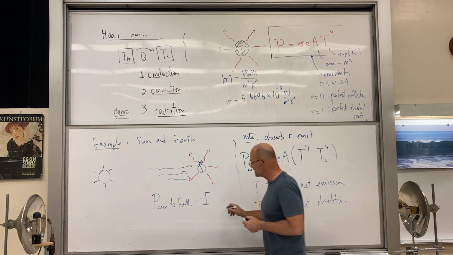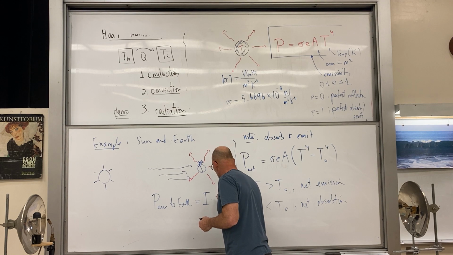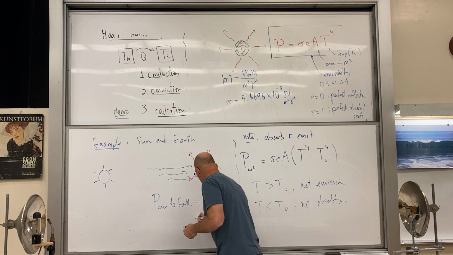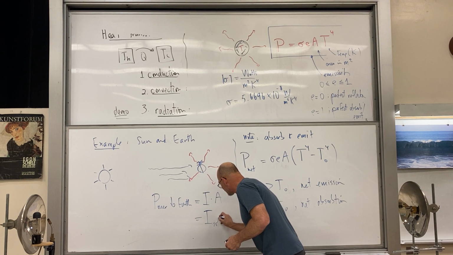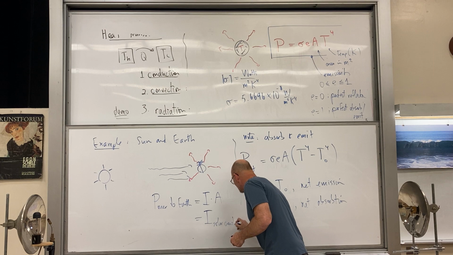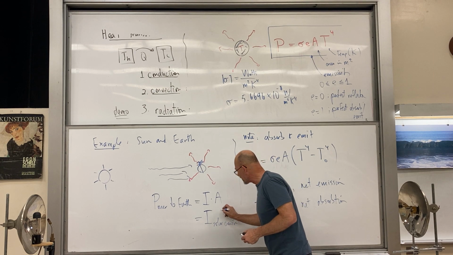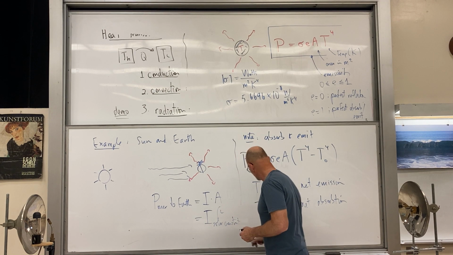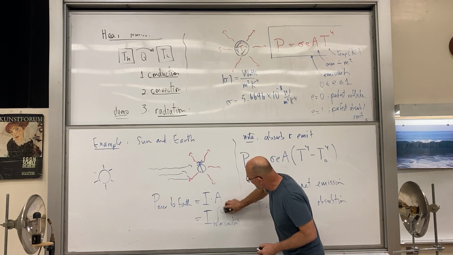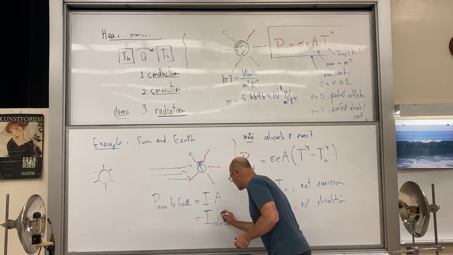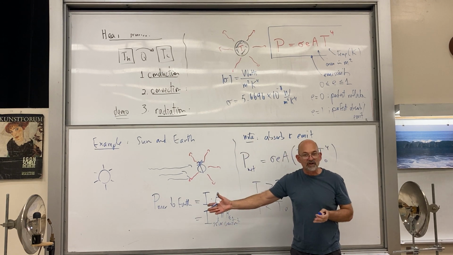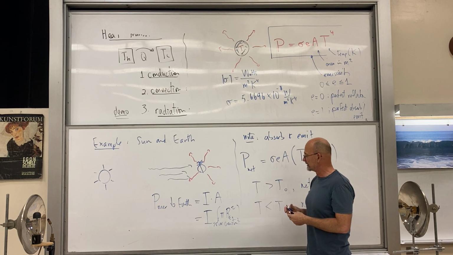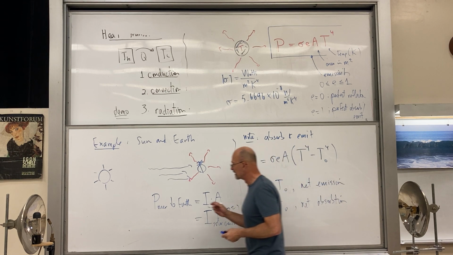Right now this is an intensity times the cross-sectional area, and this is an intensity called the solar constant, and the area is, let's see, not 4 pi, it's pi radius of Earth squared. Because the Earth is presenting just a cross-section of its area to the sun. Okay. So we have to say, what is the solar constant?